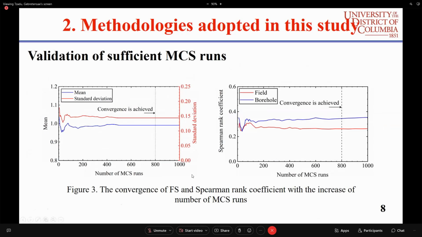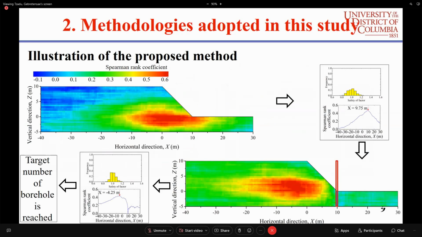Figure 3 gives the reason why we perform 1,000 simulations. As we can see, within 1,000 simulations, the factor of safety and the DMN coefficient are converged. This figure shows the specific procedures.